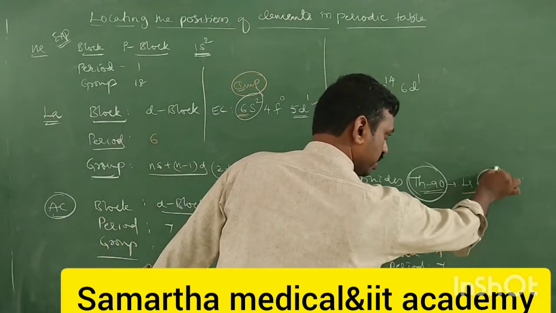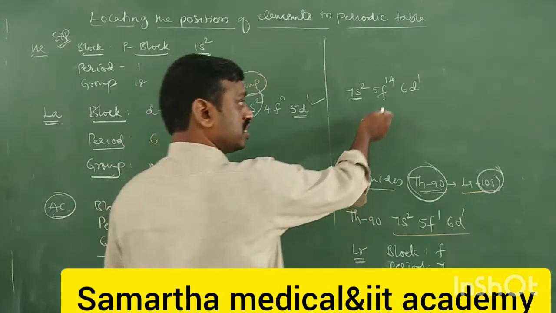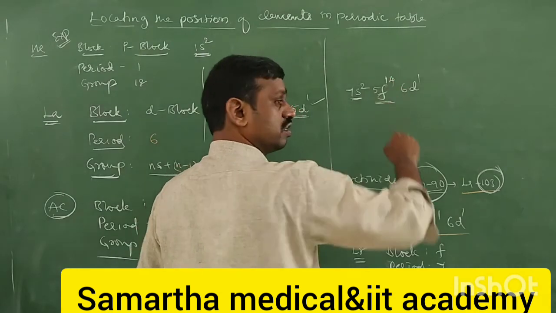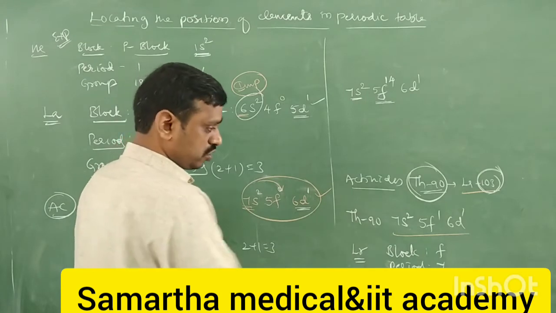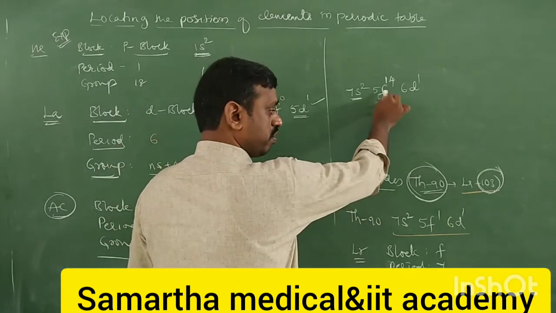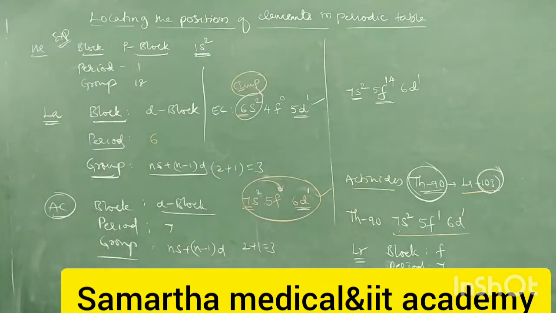Lawrencium is the last element in the actinoid series. In the last element, the 5f orbital must be completely filled with 14 electrons. Okay, so that is the electronic configuration of the starting element and the ending element of actinides. In this way you can identify the position of any given element.